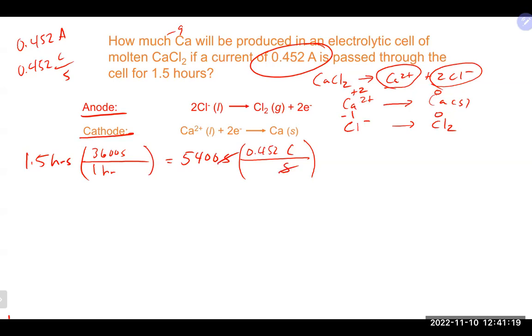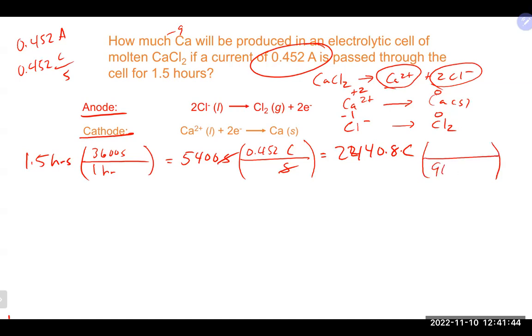The seconds here will cancel out and we will end up with, because this cell ran that long, something like 22,440.8 coulombs. Now we're going to use Faraday's constant.